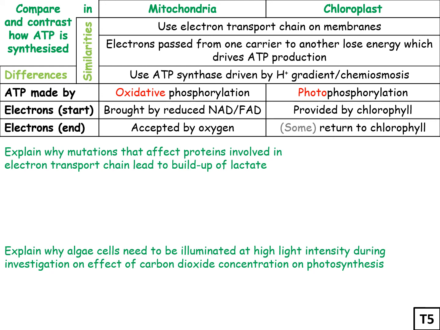Whereas in the chloroplast it is photophosphorylation, because the light energy is used to excite electrons in chlorophyll of photosystem 1 and 2, and those electrons then move from one electron carrier protein to another, which pumps the hydrogen ions across the membrane, and then with ATP synthase, that causes the ADP to be phosphorylated. So that all starts from light energy that excites electrons, so it's photophosphorylation.